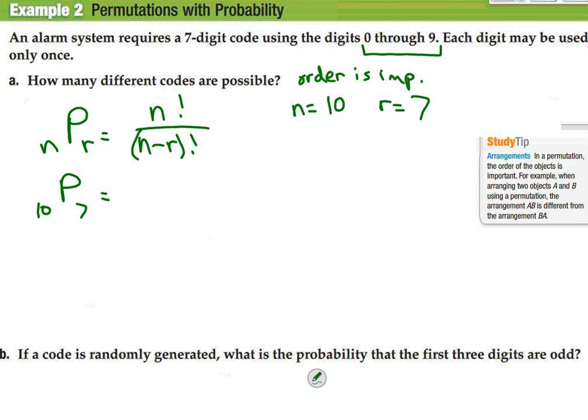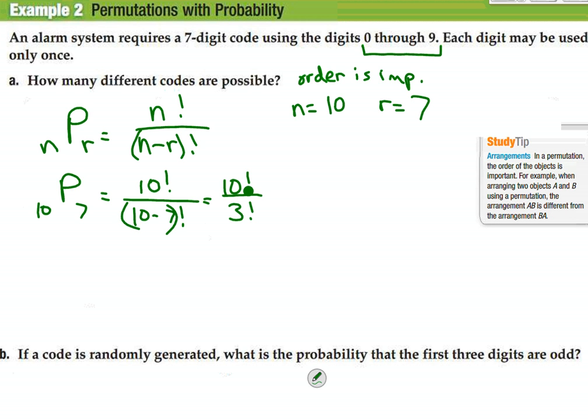Now I'm going to approach this without a calculator, and kind of in your head, that might just go a little easier, because I'm also going to do it in a different way, and just remind you of the way that you maybe have done that before. So 10 factorial over 10 minus 7 factorial, and so that's 10 factorial over 3 factorial.